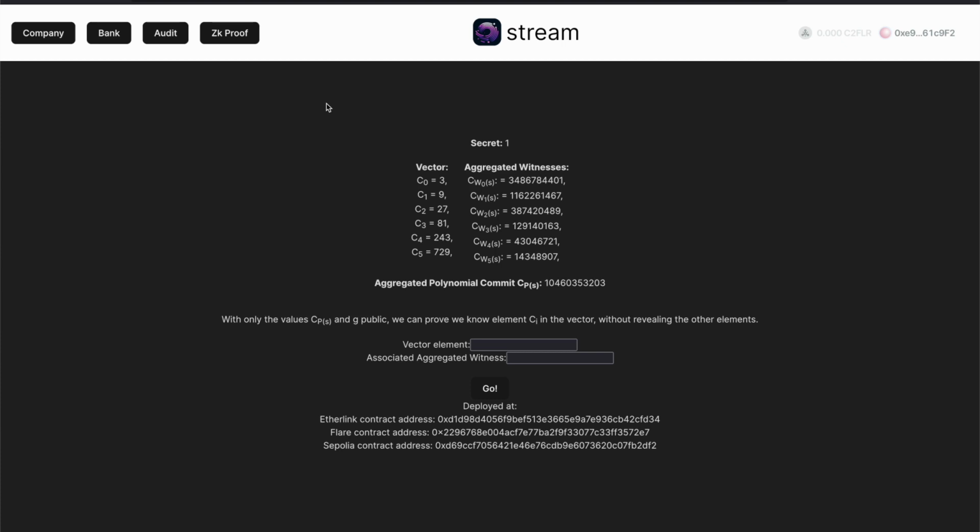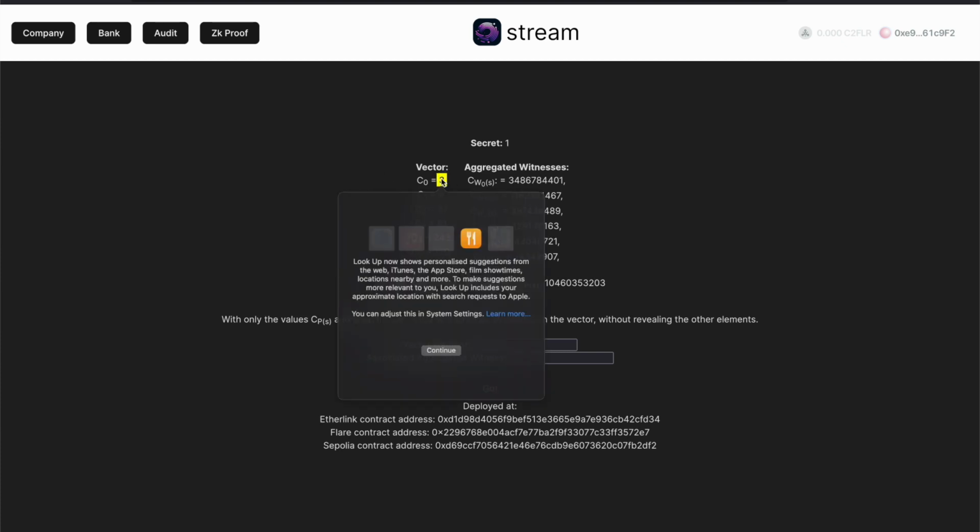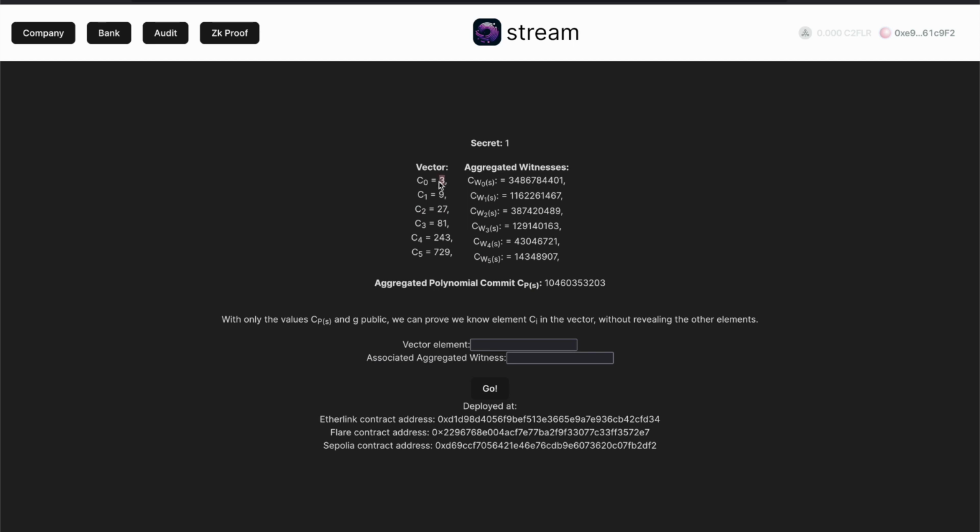So what we can do is actually generate a polynomial where each value in the vector is a coefficient, and then we can also derive a witness polynomial, which is related to that polynomial, for each element in the vector, and then we take both the witness polynomials and the total polynomial, and we evaluate it at a point S, and then commit to that point.